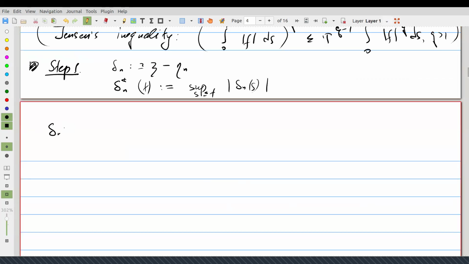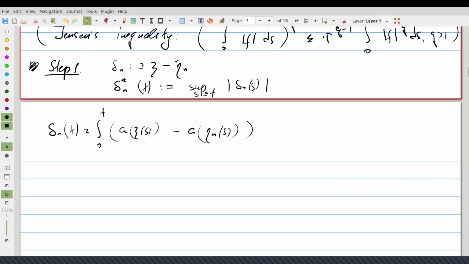Now we have delta n of t, and this is why we use this nice continuous version of theta n. I will drop this tilde for simplicity of notation.